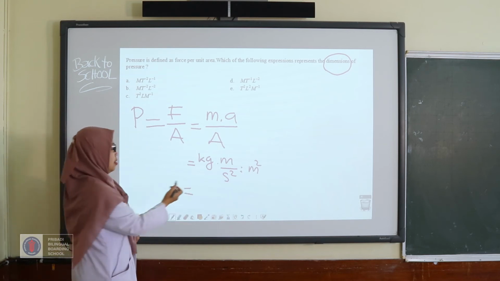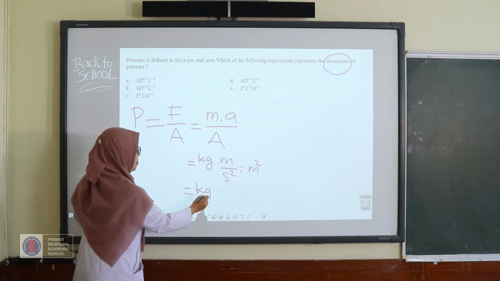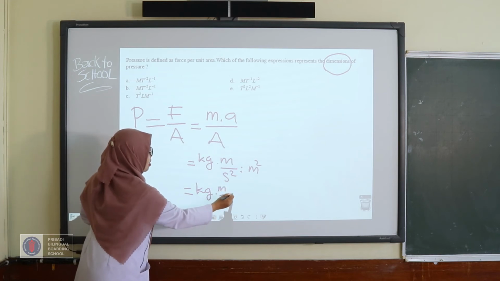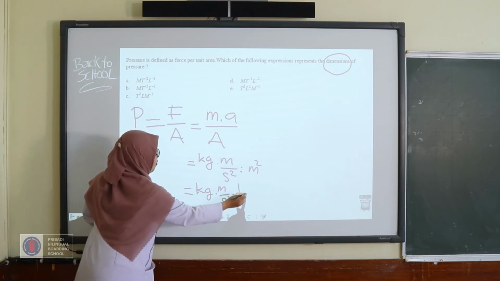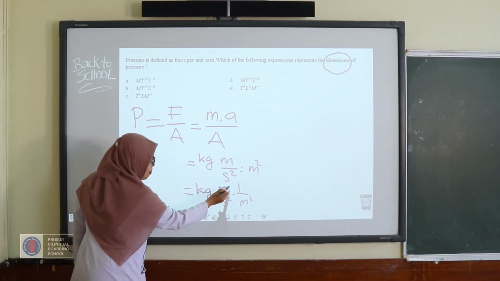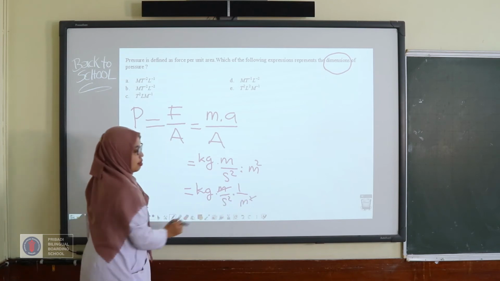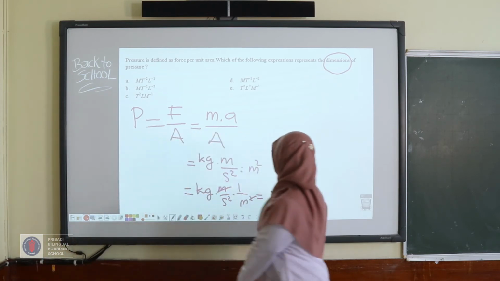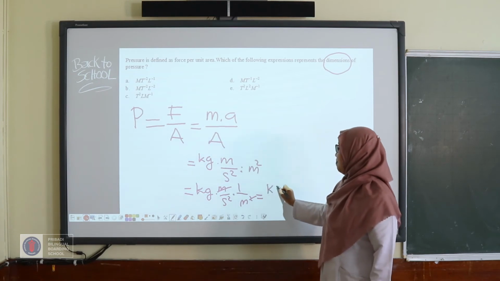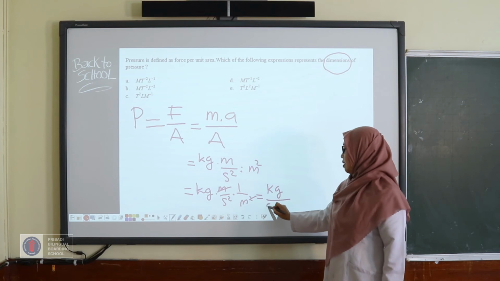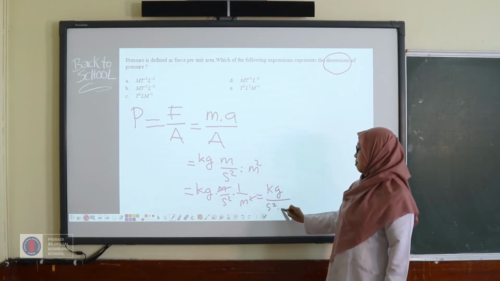So we have kilogram times meter per second squared times 1 over meter squared. We can cancel meter with this meter squared, so the result becomes kilogram over second squared times meter.